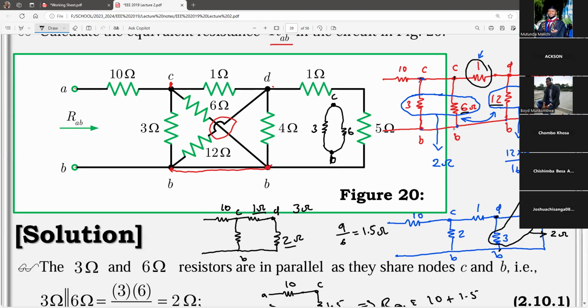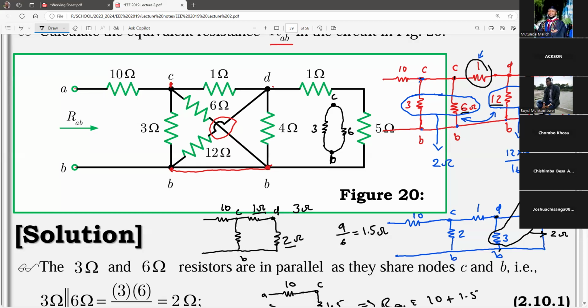They are in series, since there is nothing else connected at point E. When current flows, it has to come through 5 and come to B. Remember, the condition for series is that they must be exclusively connected at one node, and they must have the same current flowing through them. Right? Yes, sir.